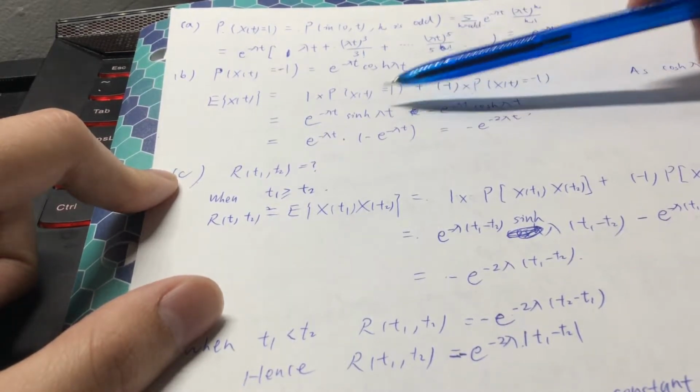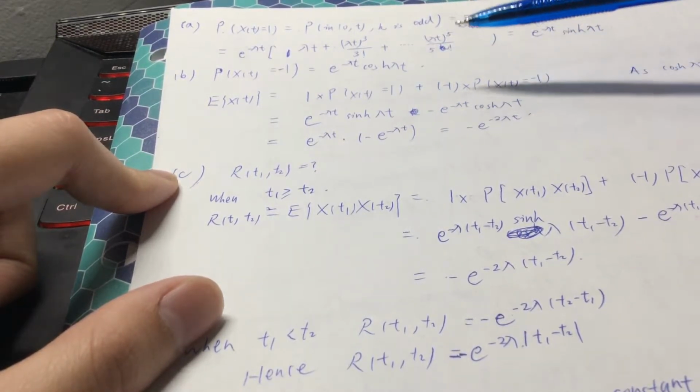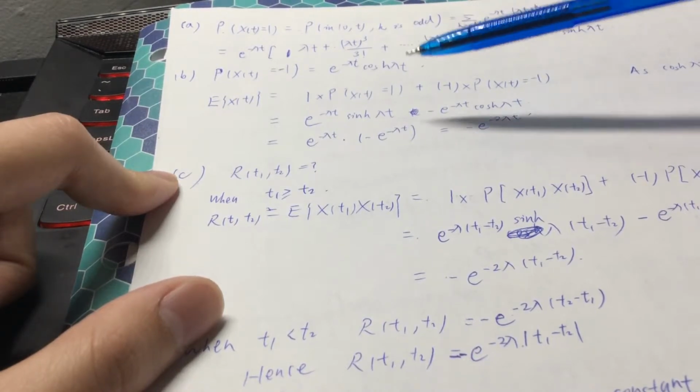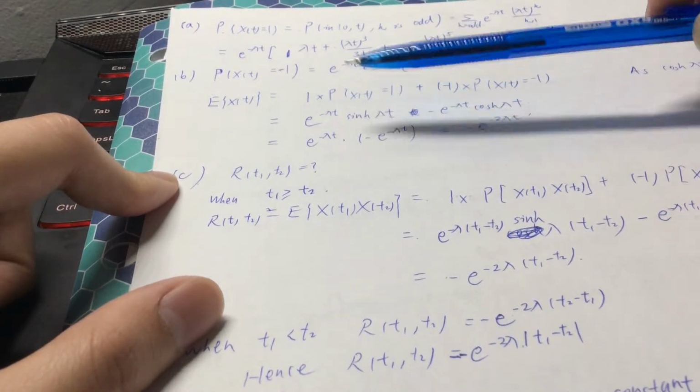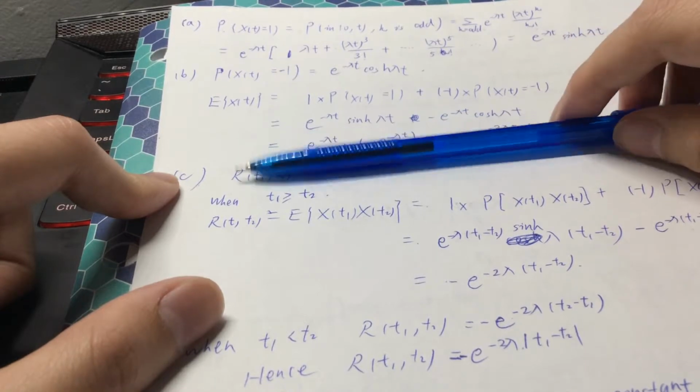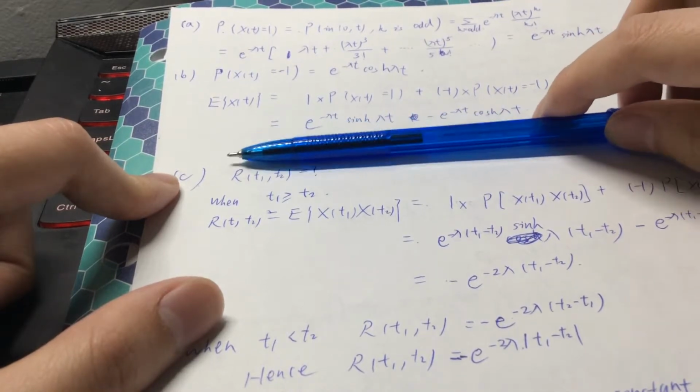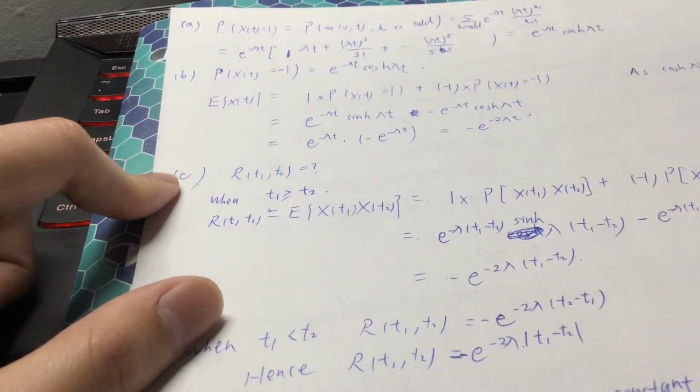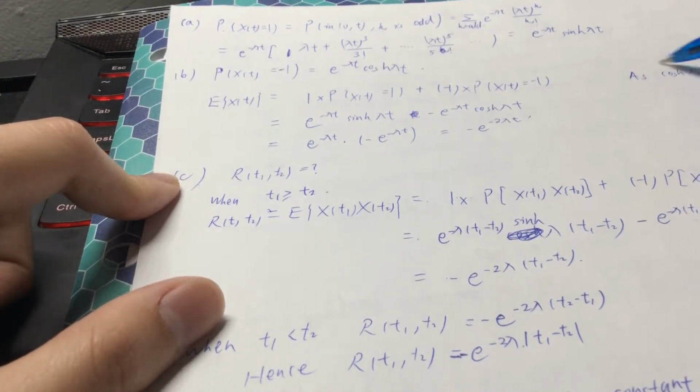Then we substitute the results into the parameters, and we can derive this function. From the lecture notes we can get the hyperbolic function as this part.